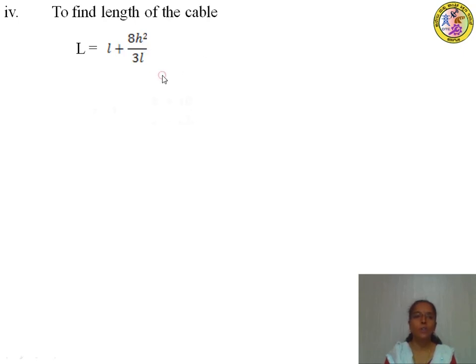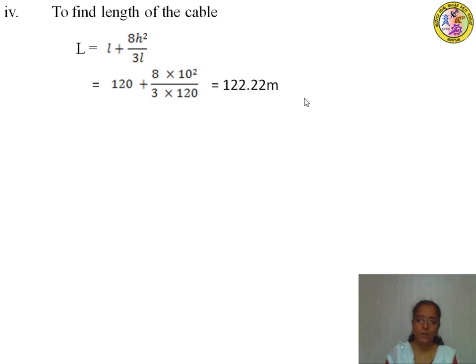Okay, so let us substitute the values now. Span is 120 plus 8 into h is 10 square divided by 3 into length again 120. If you simplify it, you are going to get the length of the cable as 122.22 meters. That is the length of the cable.